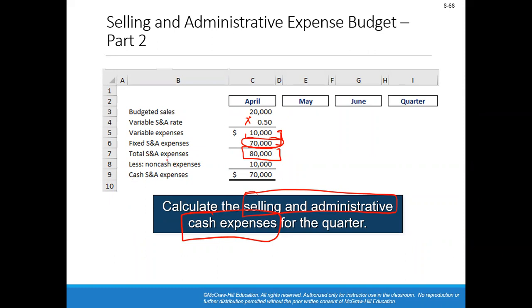That's why we are filtering the expenses for the cash amount. So the non-cash expense of 10,000 has been subtracted, which is for depreciation, and we have the remaining 70,000, which is for cash selling and administrative expenses.